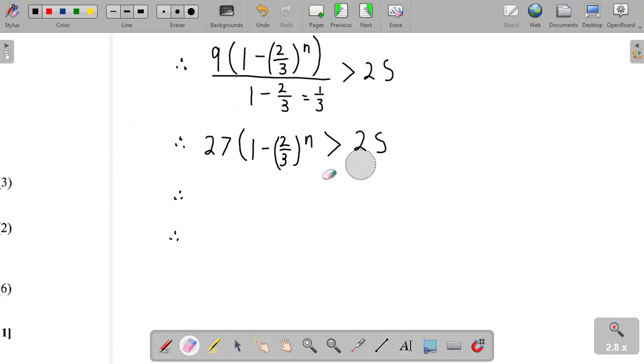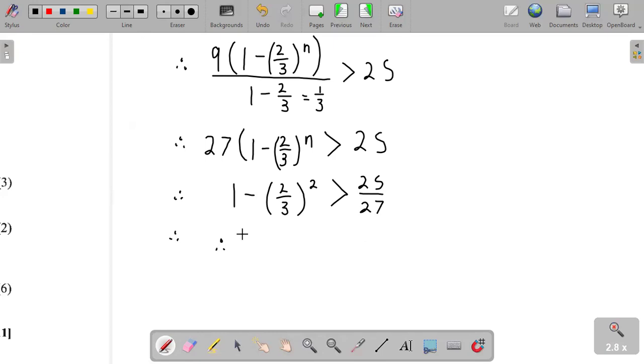Then we must divide by 27, so it's going to be 1 minus 2 over 3 to the power n is greater than 25 over 27. Yes, it should be like this.